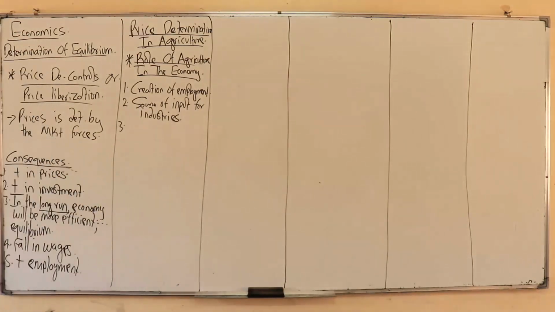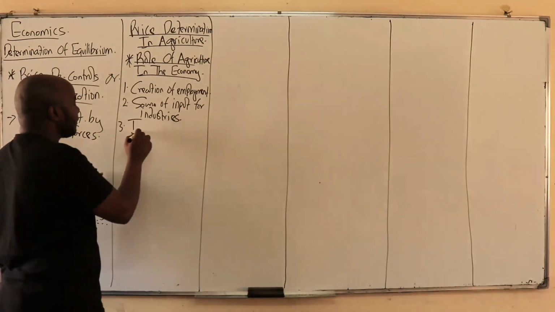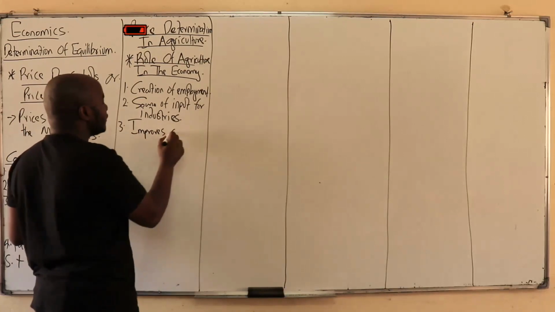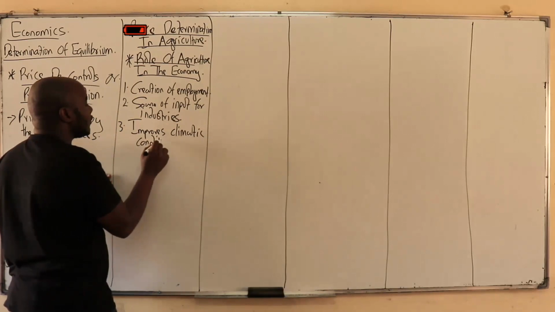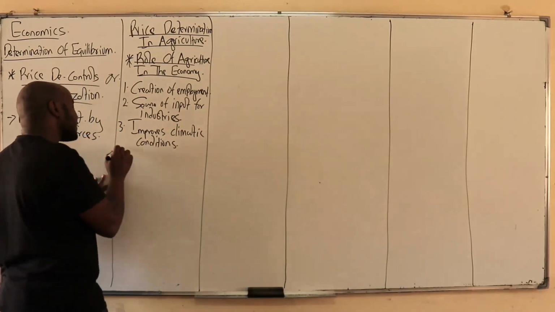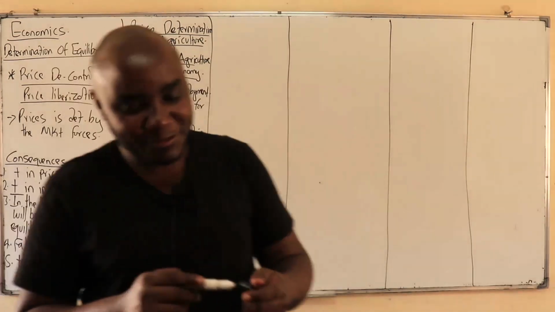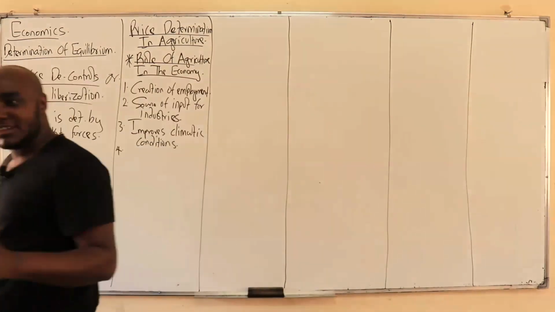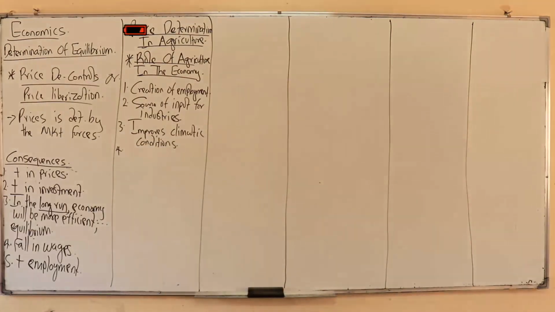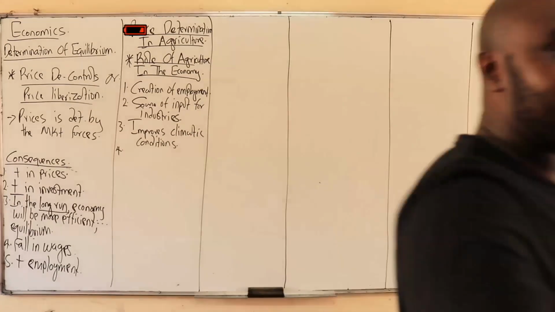Then the other one is that it improves climatic conditions. For instance, for those areas where there is agriculture and those places where there is no agriculture, where would you desire to live? Where do you desire to create your home?